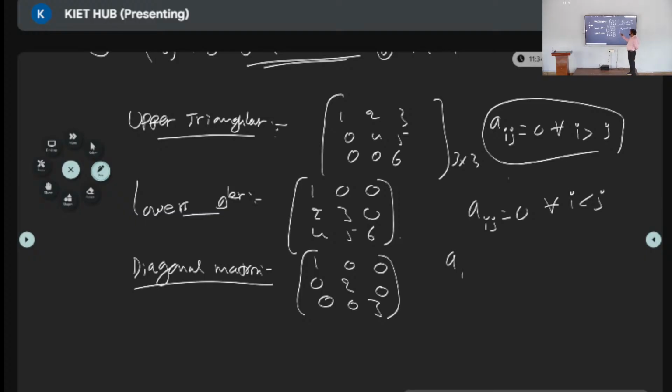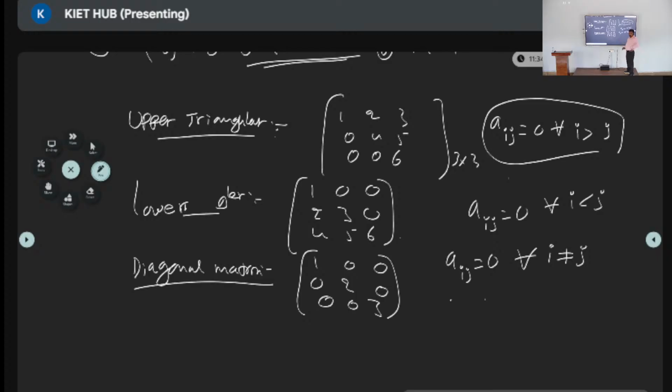Aij is equal to 0 for all i not equal to j. I not equal to j means what? These are the elements where i is not equal to j. That's called the diagonal matrix.